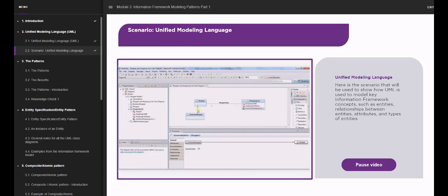The generalization association means that the business shopper is a type of shopper. Next, I'll add the rewards account number attribute. I'll also add a personal shopper subclass to show that there are two types of shoppers.